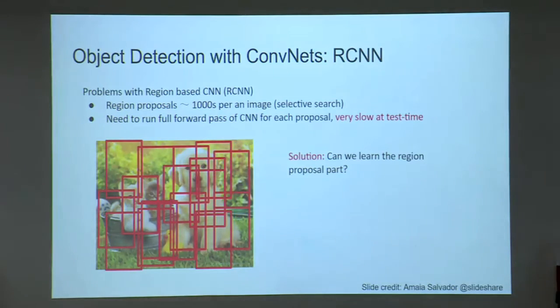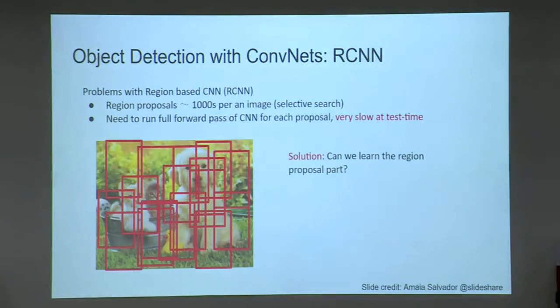That will definitely speed up the algorithm at least 2,000 times. The other improvement is, instead of using a different algorithm for the proposals, why can't we use the deep network itself to propose these regions? The first modification, where you pass the image through the CNN only once, is known as Fast RCNN.